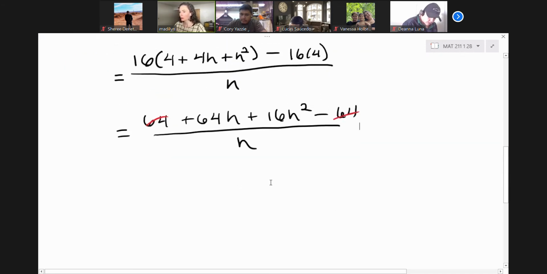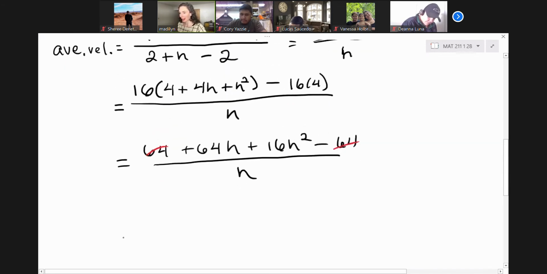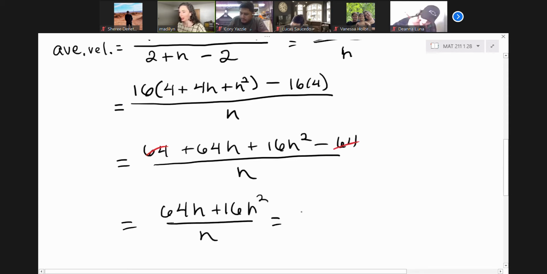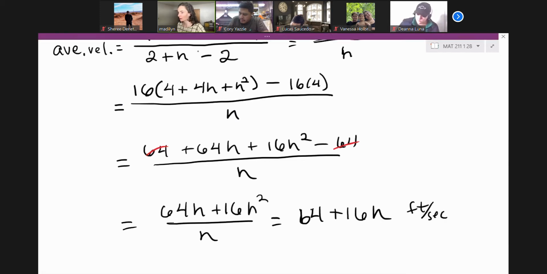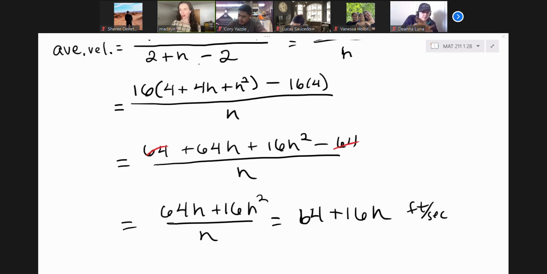And we will have 64h plus 16h squared over h, and an h cancels out of each of those. So I went through that simplifying a little bit quickly, but you can do that on your own to verify that this is all correct.